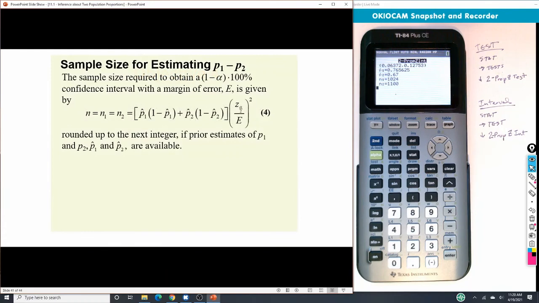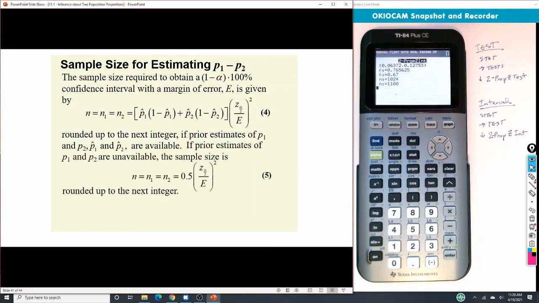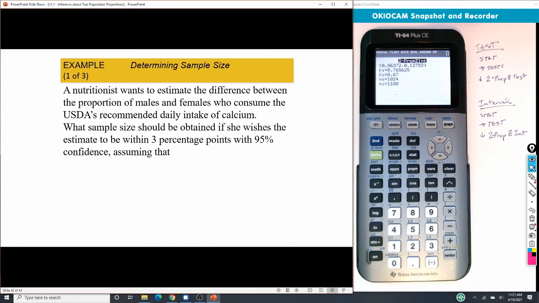All right, now what about finding how many we need, the size of our sample for this to work? Okay, so we have this long formula for those. Now we have one formula for if we know the estimate, and then one formula if we don't. Now this is all just plug and chug. You have to know the formula, so make sure you're paying attention to it. All right, so here wants to look at the size.